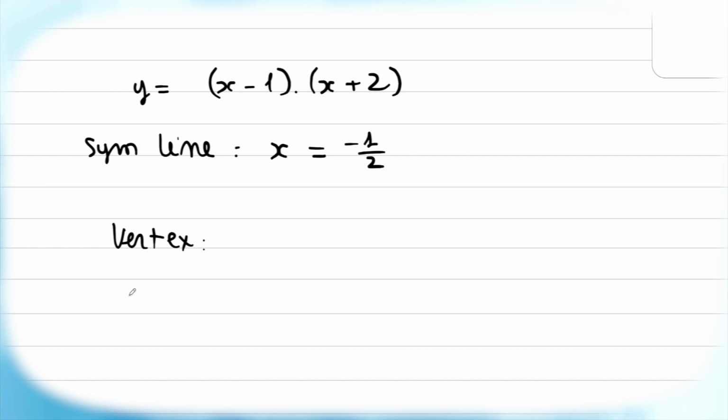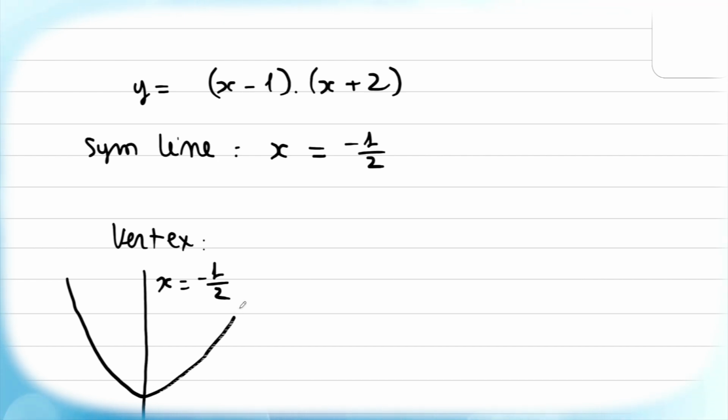We can see that the symmetrical line is x equal to minus 1 over 2, and the vertex has to belong to the symmetrical line. So from the symmetrical line equation, we can figure out the vertex of the parabola by using substitution.